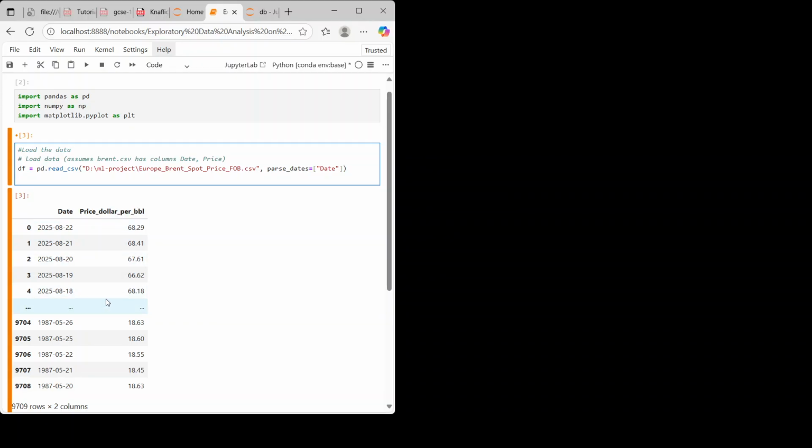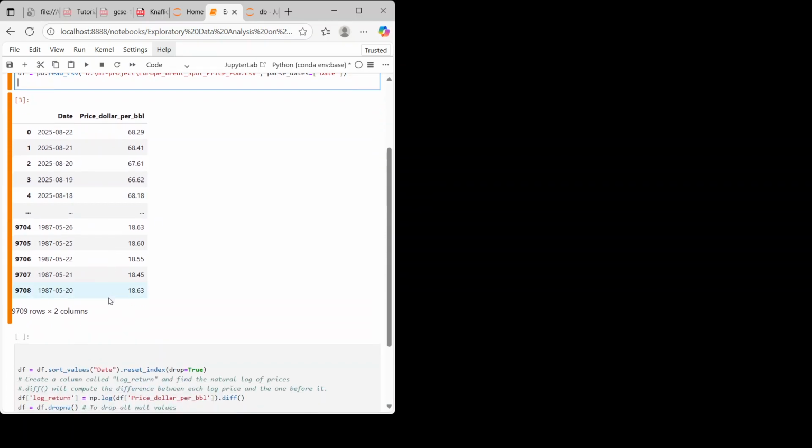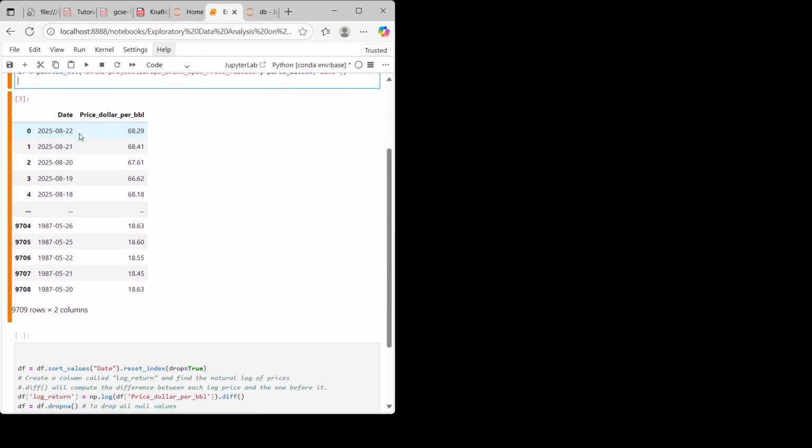The next thing I'm going to do is sort this data chronologically. What do I mean by that? I'm going to remove this old index, because I'm not able to go through all the data, but I want to make sure it follows chronologically. There shouldn't be a situation where you have 20th of May 1987 here, then 22nd, and then 26th somewhere.